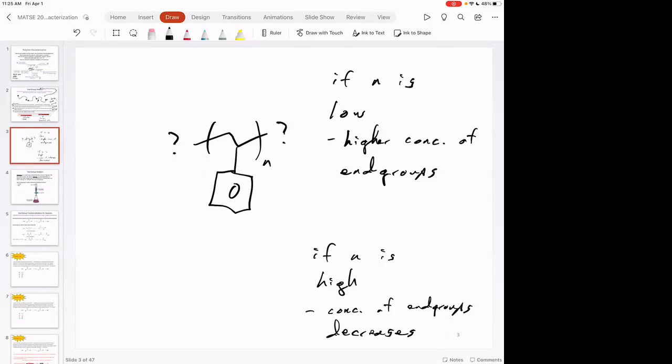You think back, all the stuff we've done, when did we specifically put a key molecule on the end of a chain and we know it's there? Go ahead. Initiator, right? Initiators are key molecules to put end groups on polymers, and you know it's there.